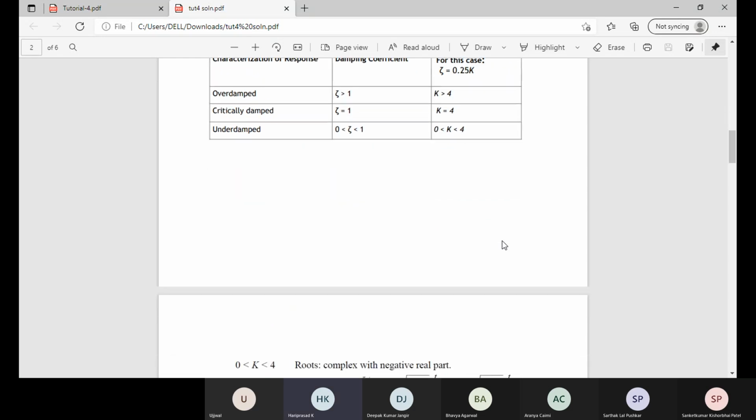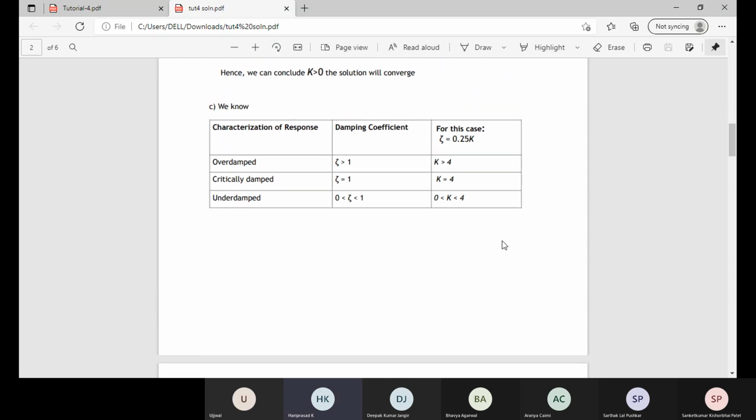And the second part just says you have three conditions, and when you isolate the variables, what you are getting is zeta equal to 0.25 times k, basically. If you are given a range of k, then what would be the value of zeta?